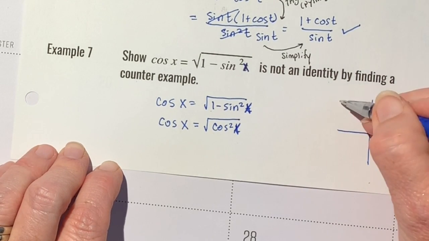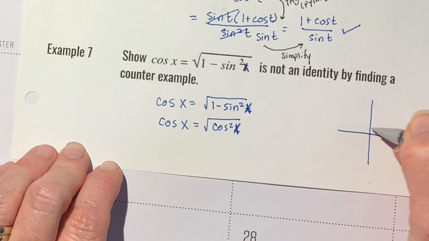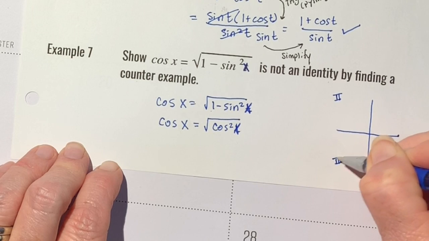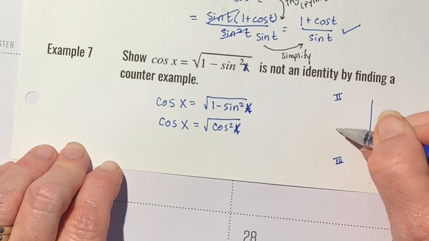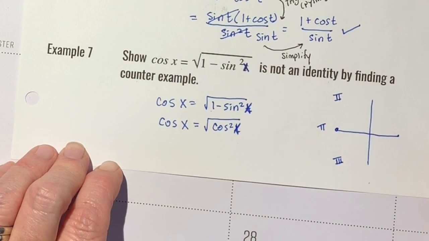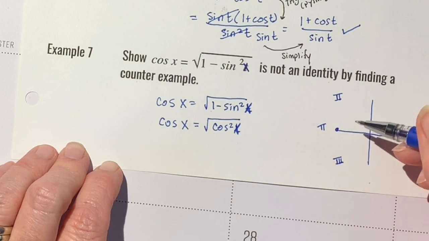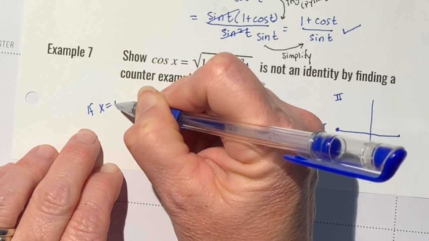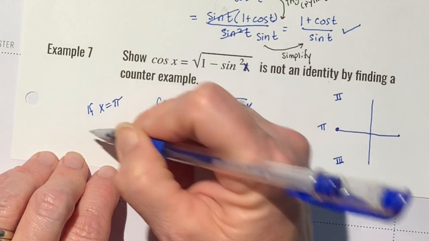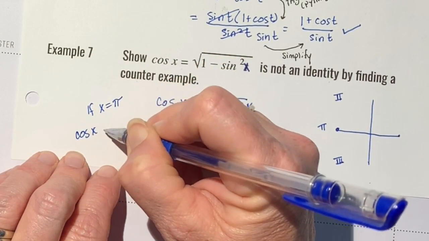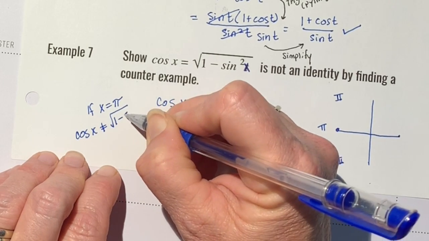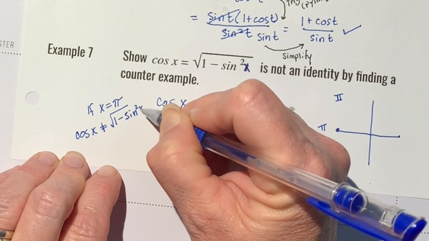Cosine is the x coordinate, so anywhere in quadrant 2 or quadrant 3. So let's just make it easy. Let's just use pi. So a counterexample would be if x equals pi, then cosine of x would not be equal to square root of 1 minus sine squared x.